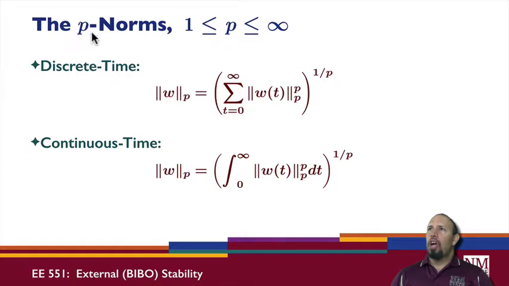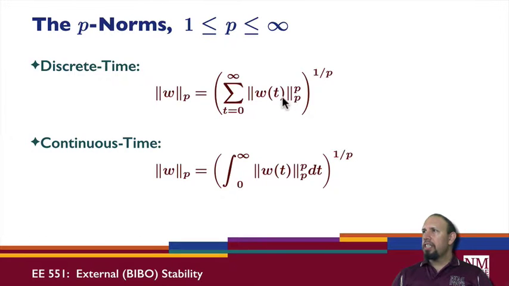In general, we can talk about the p norms, just as we had p norms for vectors. We can talk about p norms for signals, for vector valued signals. So if w is a vector function of time, we can define the p norm as the instantaneous vector value p norm, raised to the pth power.